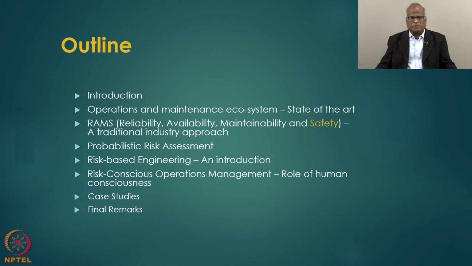So the RAMS concept is reliability, availability, maintainability and safety. Here I would only say that safety is the fourth component of RAMS. As a person who has dealt with risk modeling and safety modeling, I feel that since safety is an overriding factor, it should not be left at the fag end.